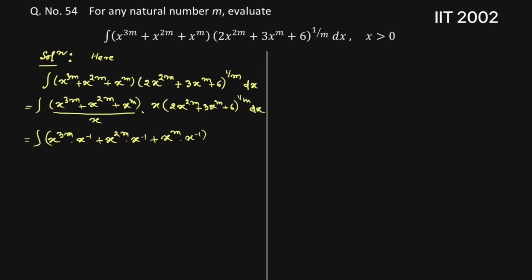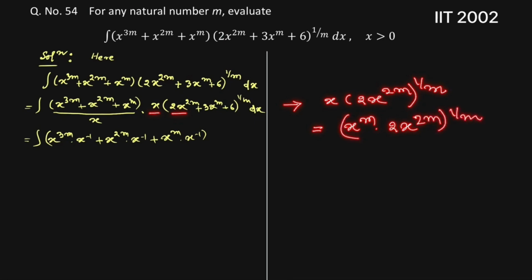When we multiply x with this term, then we will get x, 2x to power 2m to power 1 by m, which is equal to x to power m, 2x to power 2m to power 1 by m.